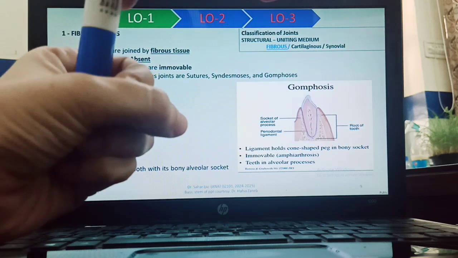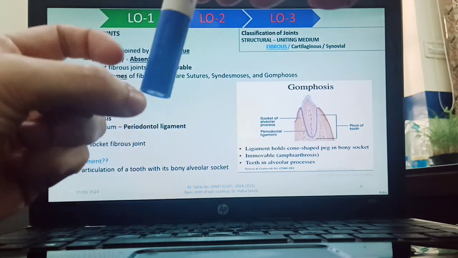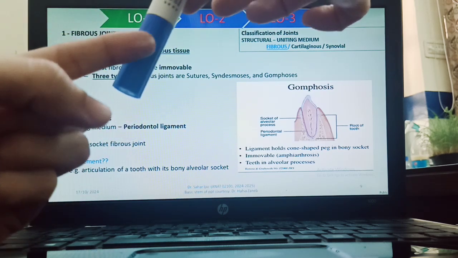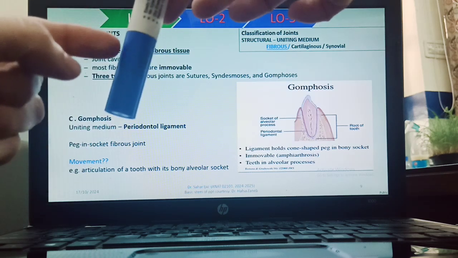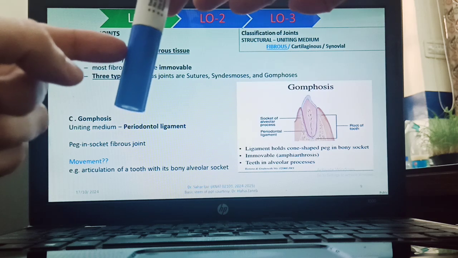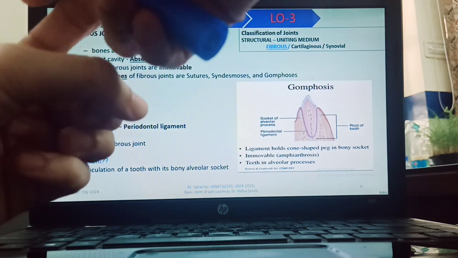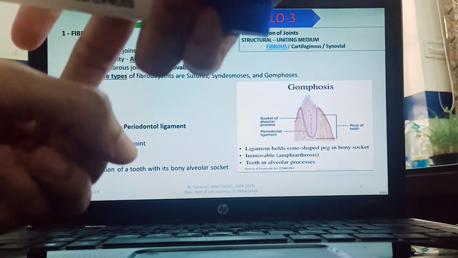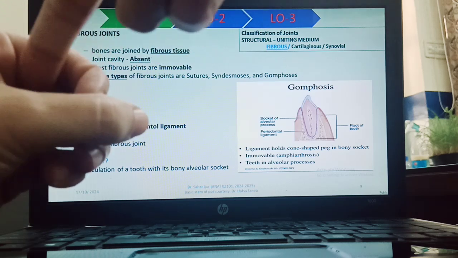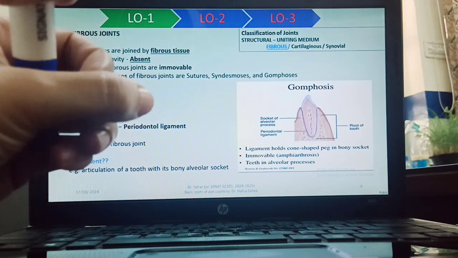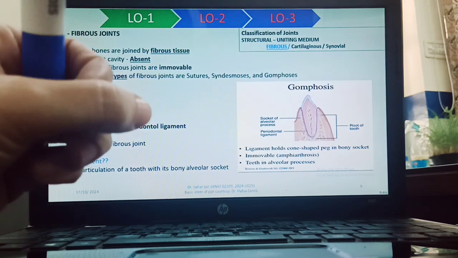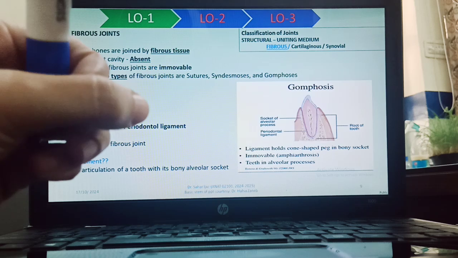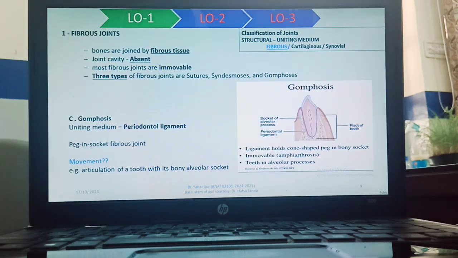So a peg is inserted into the socket, and all around this peg there are fibers connected. On the one end of the fiber there will be the root of the tooth. On the other end it is attached to the periphery of this socket. So this is the peg-and-socket kind of attachment, and the connective tissue holding all around is called the periodontal ligament. This is gomphosis.